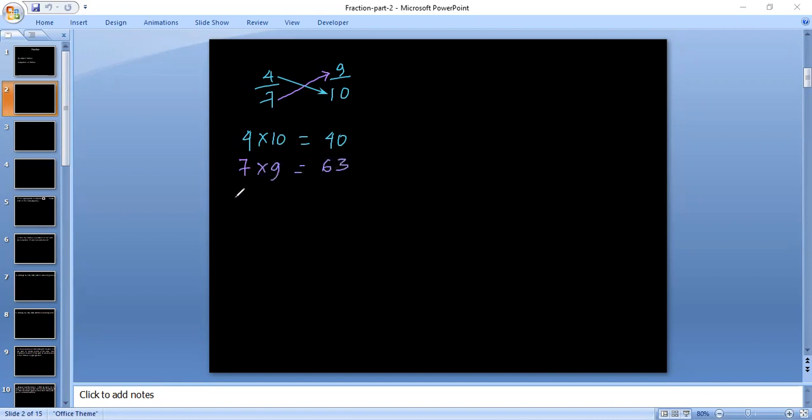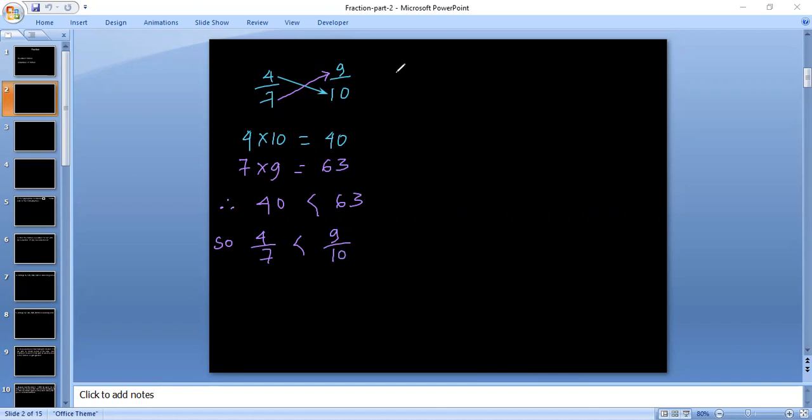It is clear that 40 is less than 63. That means the second fraction is greater than the first, so 4 by 7 is less than 9 by 10. It is amazing, or not?